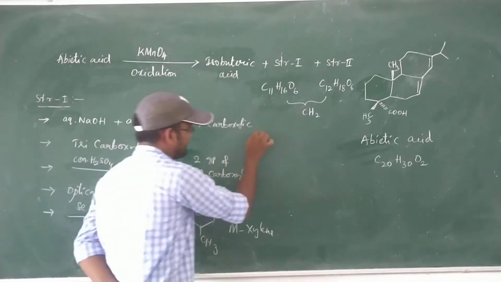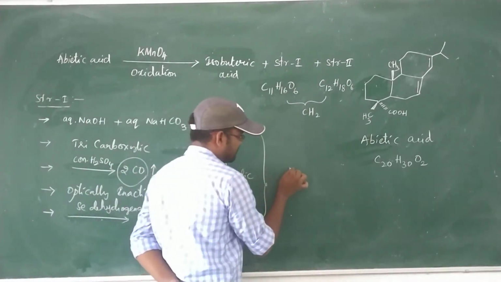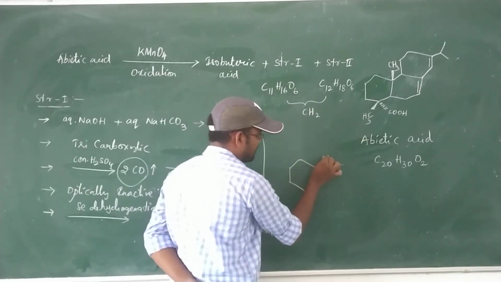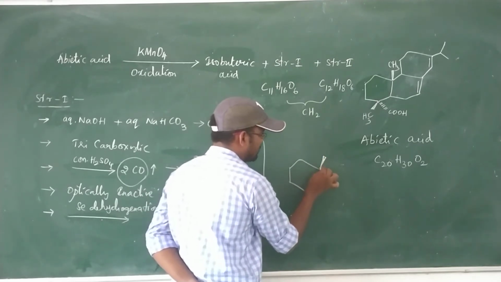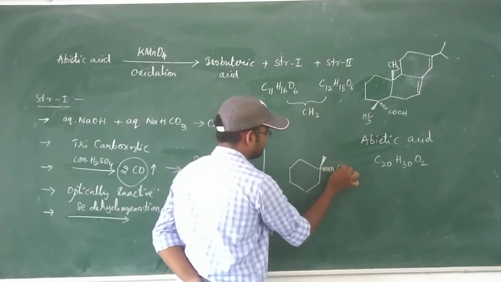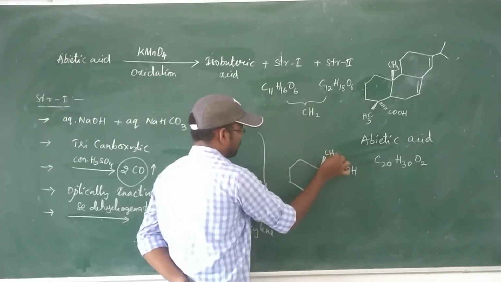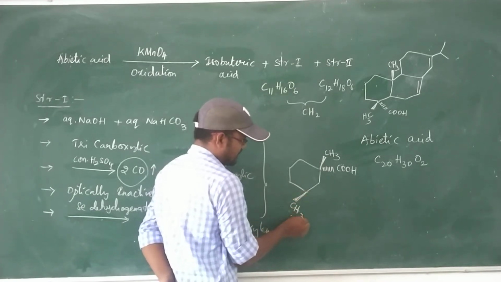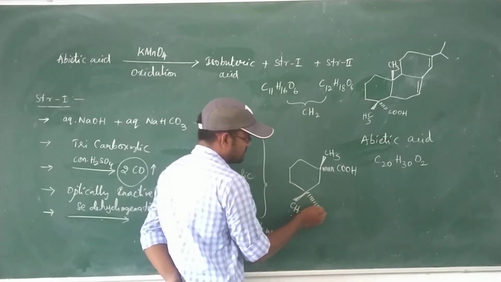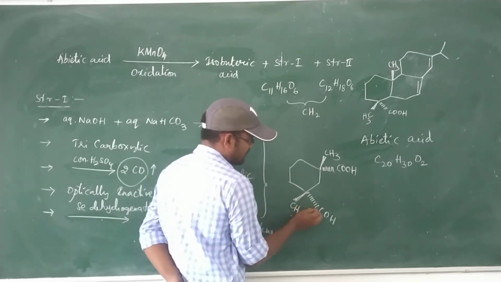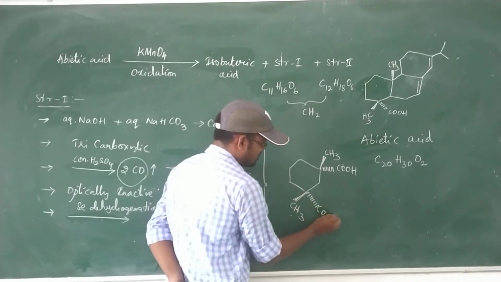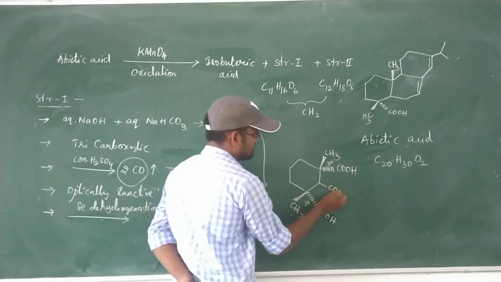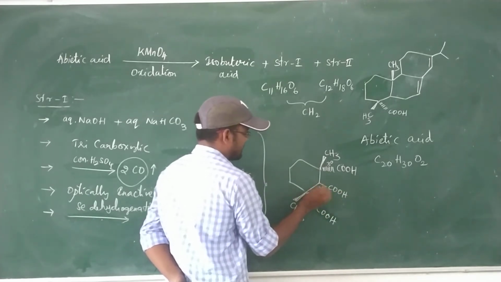From all this data, we construct structure 1. Here there is a CH3 and also COOH, and here also CH3 and COOH. These two COOHs are tertiary COOHs, and the remaining COOH is secondary.